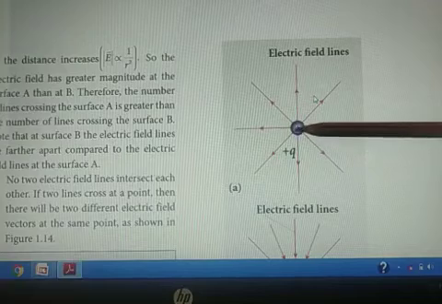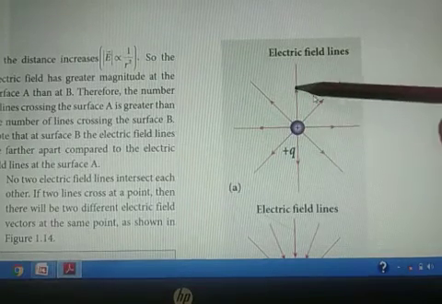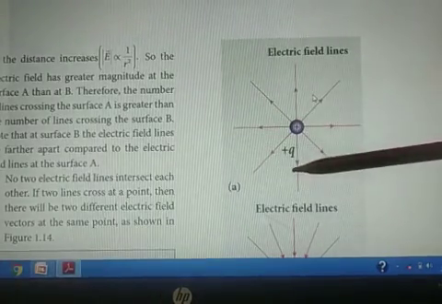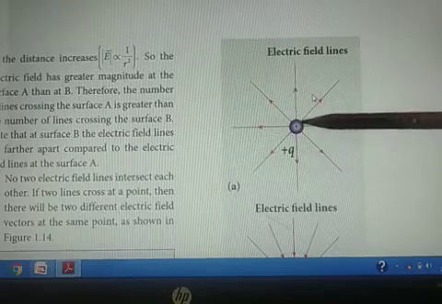This plus Q charge is emitting 1, 2, 3, 4, 5, 6, 7, 8 electric field lines. This number depends upon the magnitude of the charge.